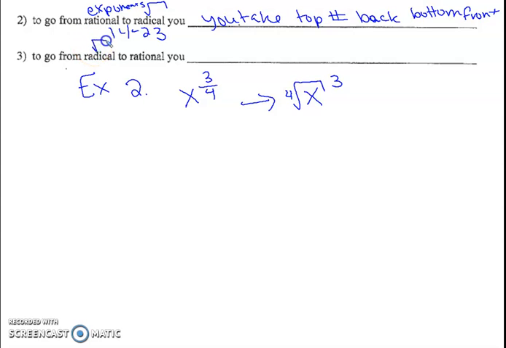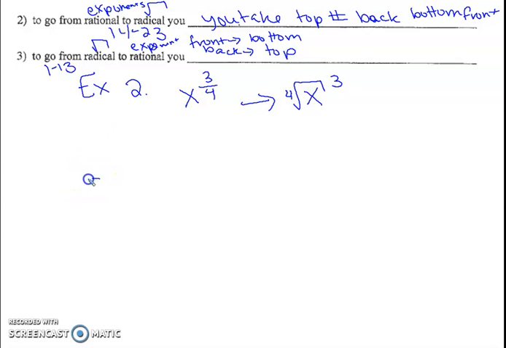Then, to go from a radical to a rational exponent, which is similar to numbers 1 through 13 on your assignment, the front goes to the bottom, the back goes to the top.